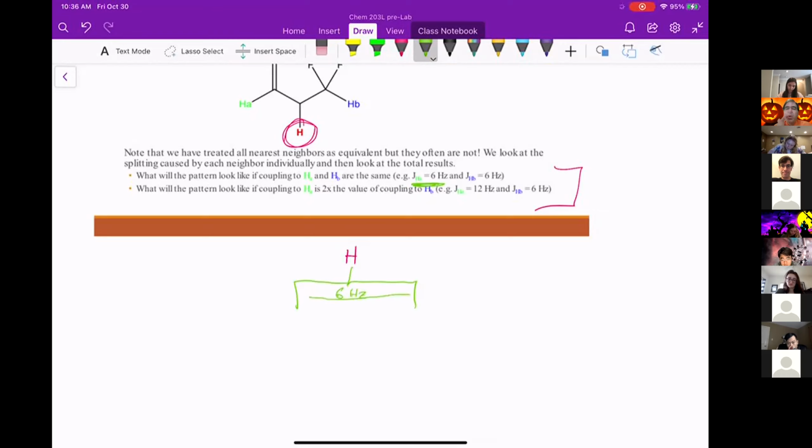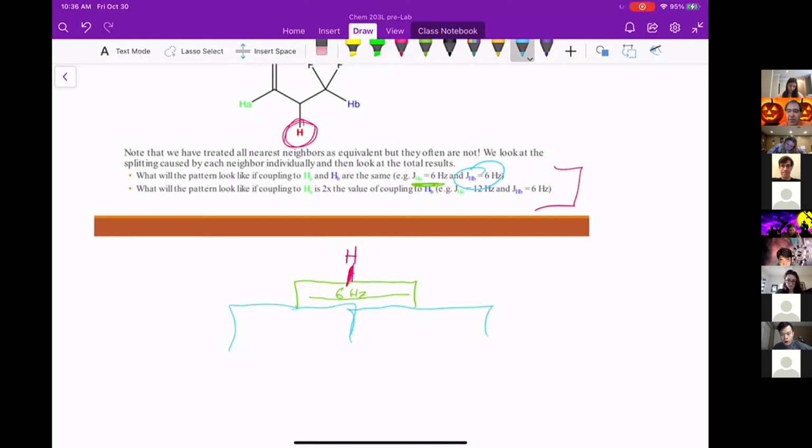So proton A split the singlet of the red proton into 2 peaks. But then proton B is going to split it too, also by 6 Hertz. So that's also 6 Hertz here.